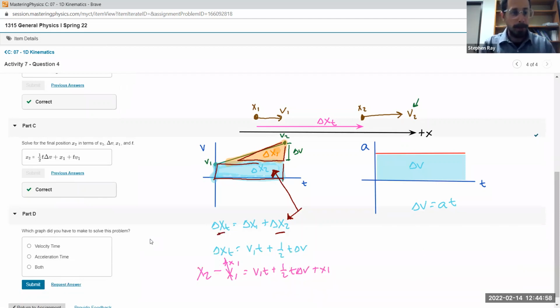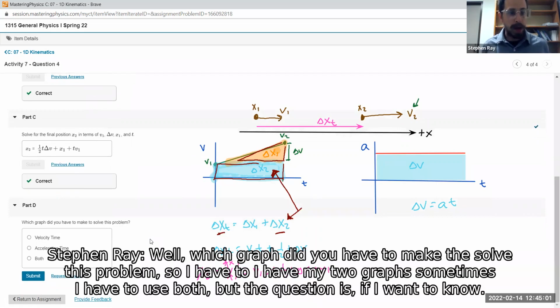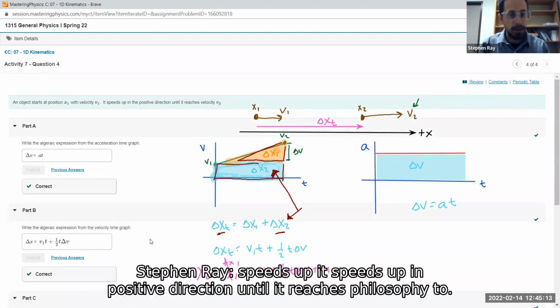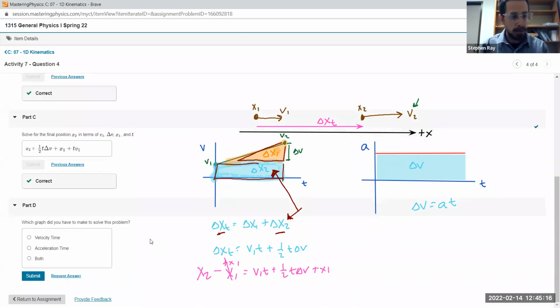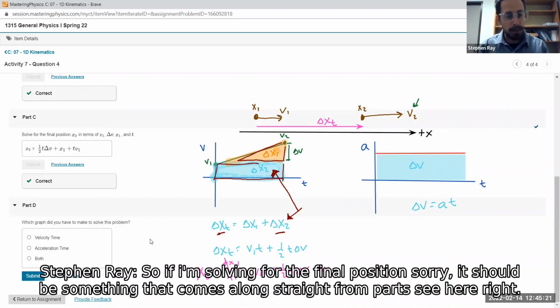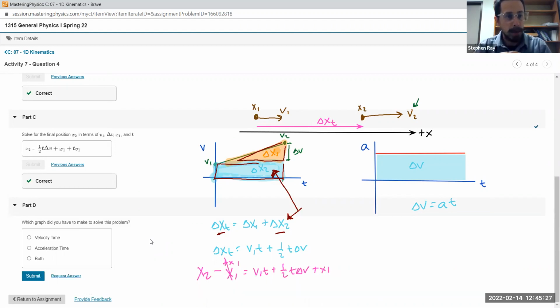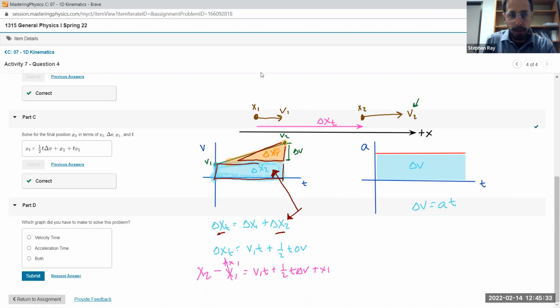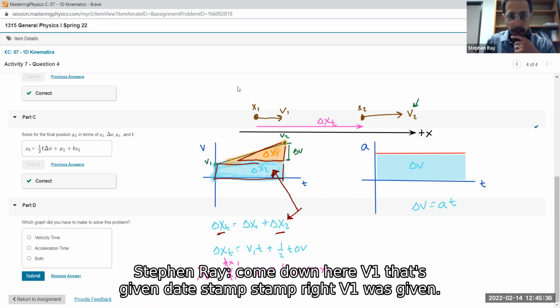Okay. Which graph did you have to make to solve this problem? I have my two graphs. Sometimes I have to use both. The problem says it speeds up in the positive direction until it reaches velocity v2. If I'm solving for the final position, this should come straight from part C. I just want to know x2. v1 was given.